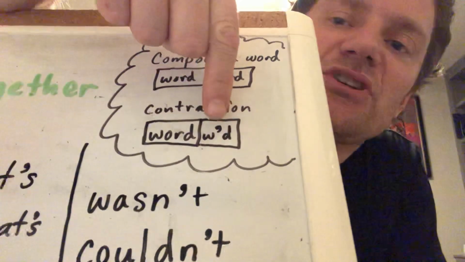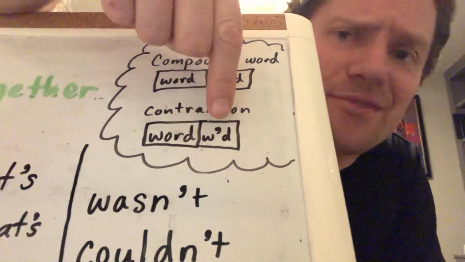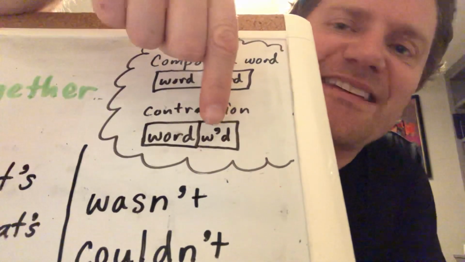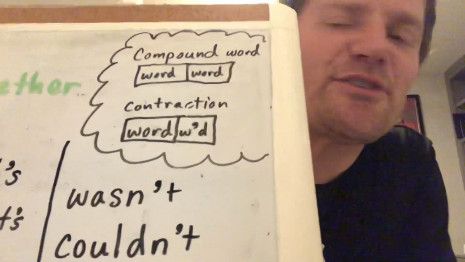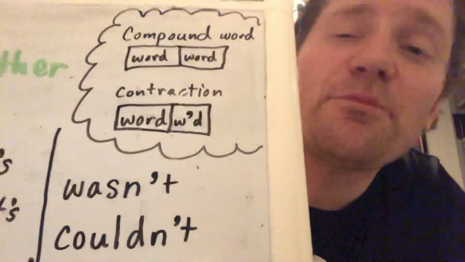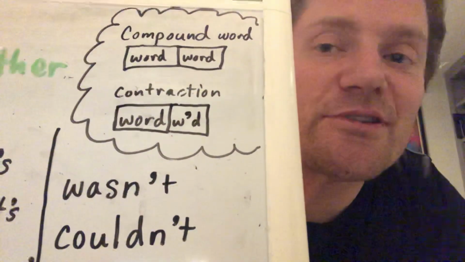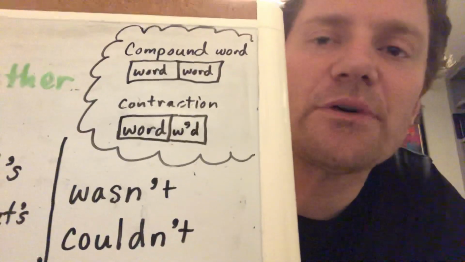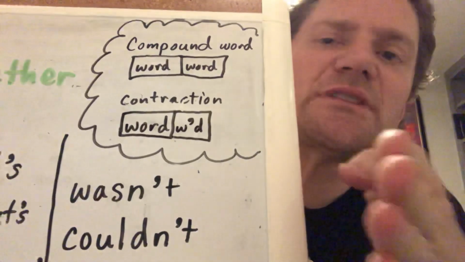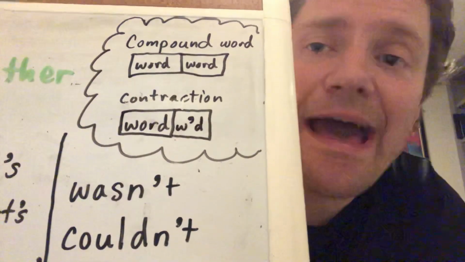What you do to show that they've been removed, instead of just not spelling it right, is to put an apostrophe. An apostrophe, for my students, I've referred to it a lot like a shelf marker. When we go to the school library, the kids get a shelf marker to walk around with as they look for books. It's a small piece of wood that goes into the shelf wherever they've taken a book out.